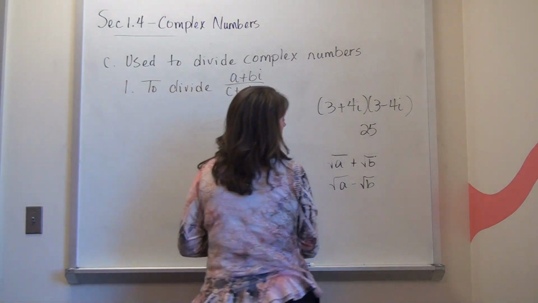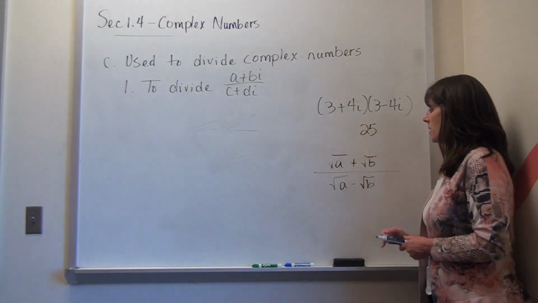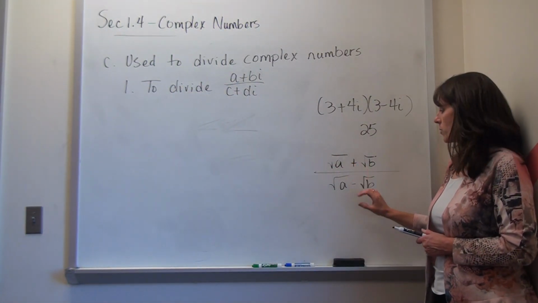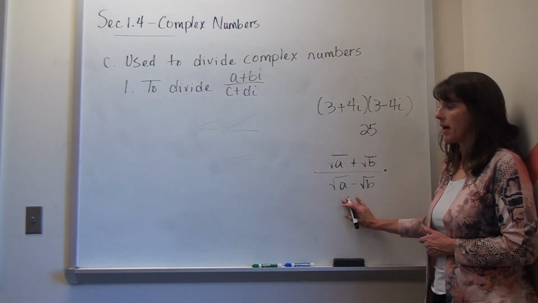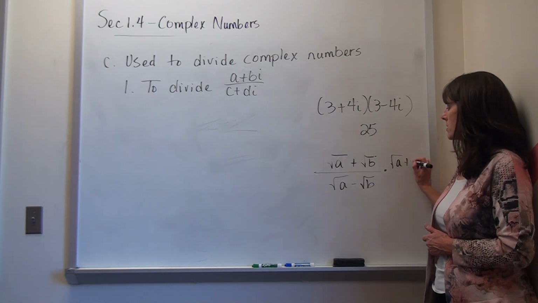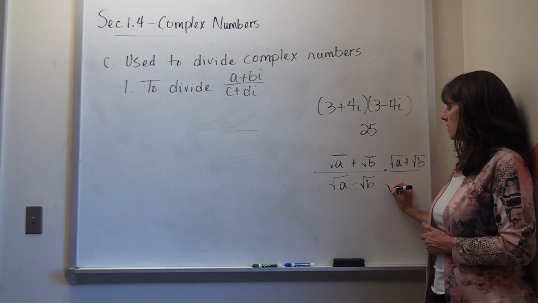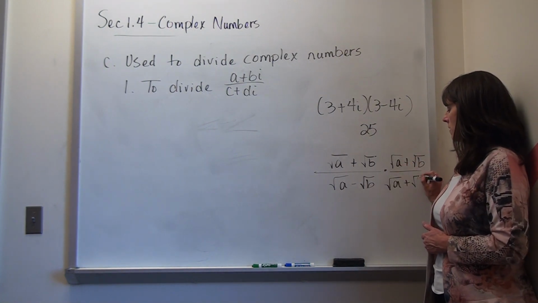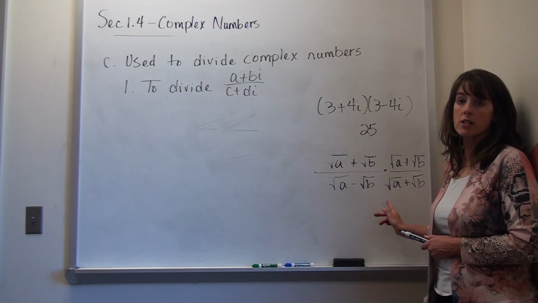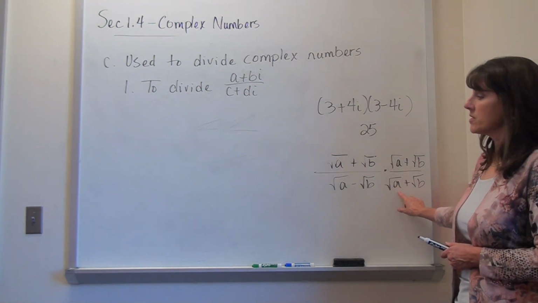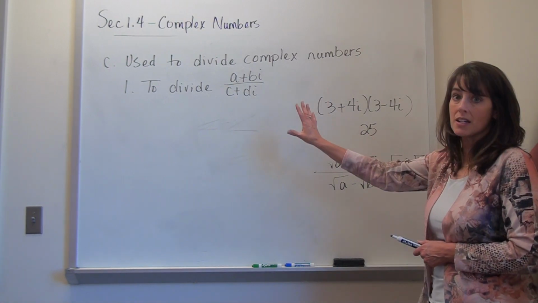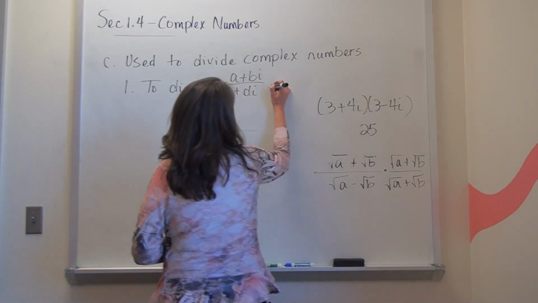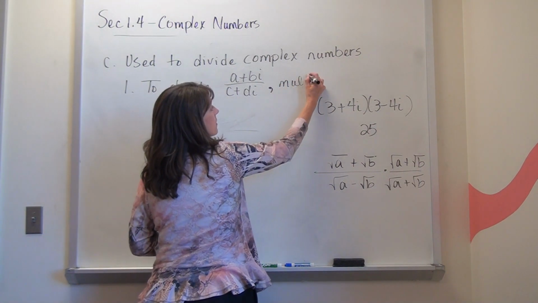Just like when I had roots and radicals, and I would take this denominator and multiply numerator and denominator by this conjugate. Remember that process. That's the process of rationalizing a denominator. This process here allowed us to get rid of that radical that was in the denominator. Same idea here.